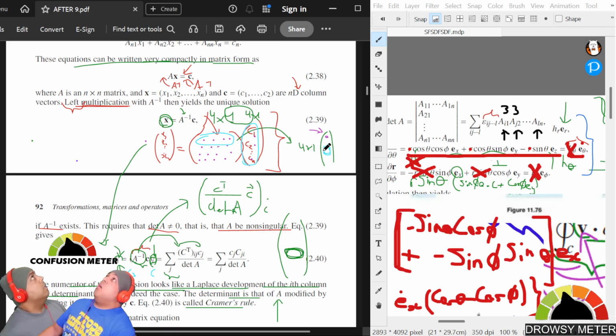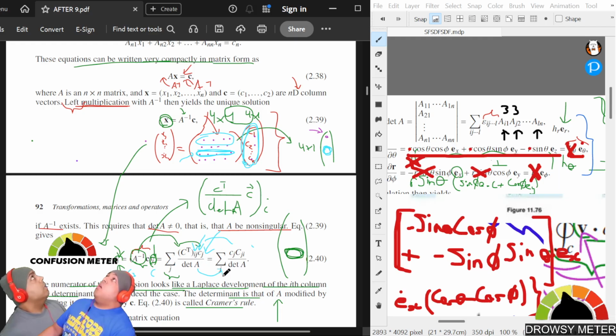To get that third result, we need to sum up the product of these elements with C. These elements are row 3 and all the columns, so we sum up over all the columns. So C transpose row 3, all the columns, and we sum up all the columns of C as well. So yeah, I agree.